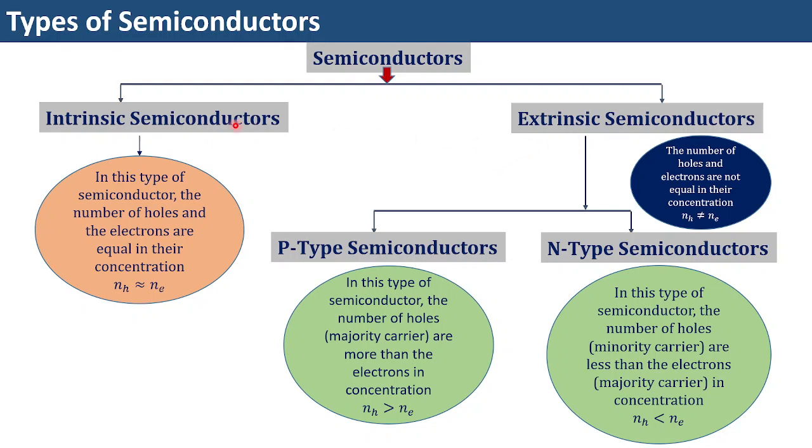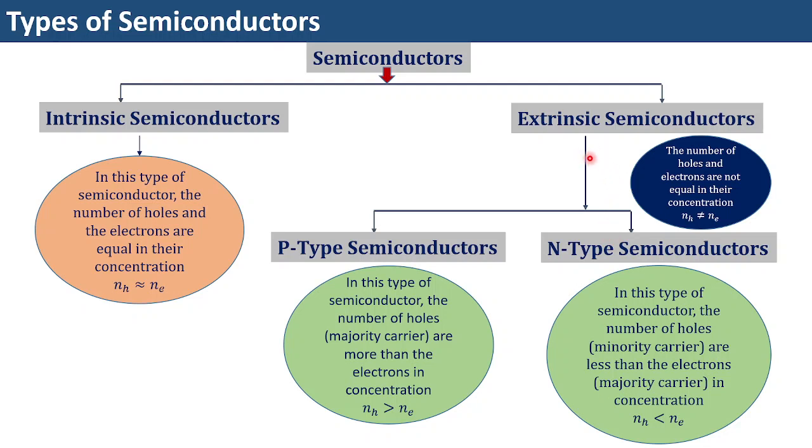I already told that intrinsic semiconductors are those categories of semiconductors where the number of holes is exactly equal, or at least nearly equal, to the number of electrons. On the other hand, the extrinsic semiconductors can be further divided into two categories: one is p-type, another is n-type.